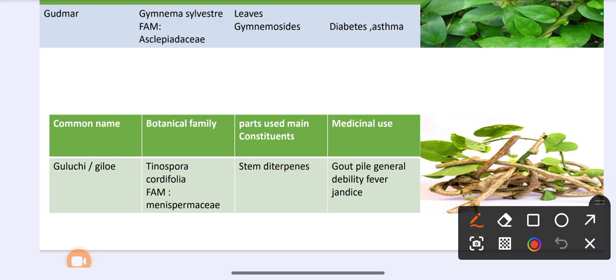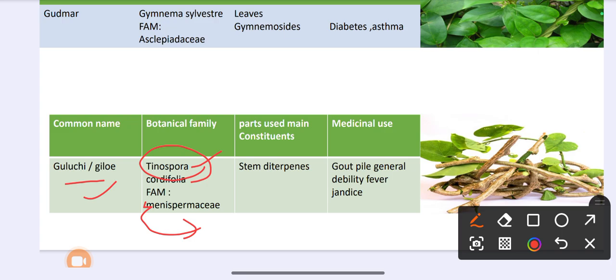Next plant, Gulanchi, or Giloy. What botanical family is involved? Tinospora cordifolia is the other name. Which family is involved in Giloy? Menispermaceae. What parts are used and what are the main constituents?